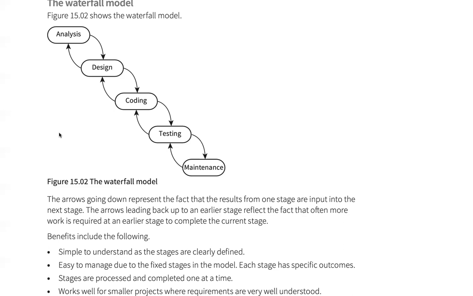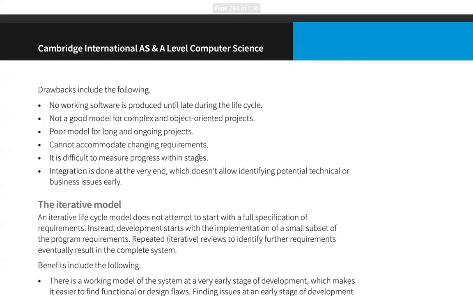In the waterfall model, I've got nothing to show my client. My client is interested in the working software. The working software only occurs after the coding phase. So it's not a good model for long projects, time-consuming big projects. It's the best model for small projects and small teams. And within stages, the progress is slightly difficult to manage. You may end up spending too much time at a particular stage, and this will cause, of course, the waterfall effect, causing the whole project to be delayed.